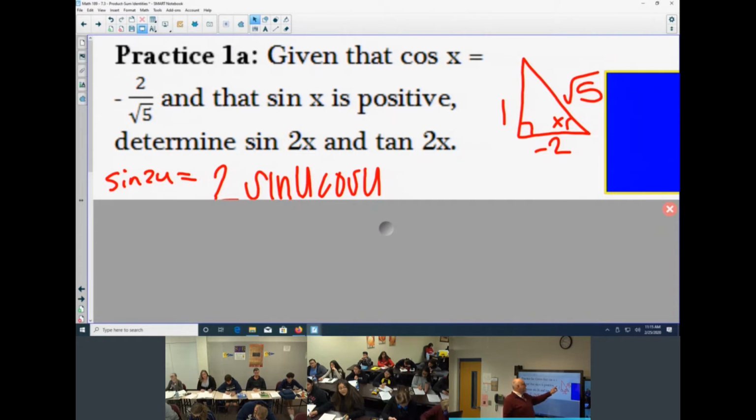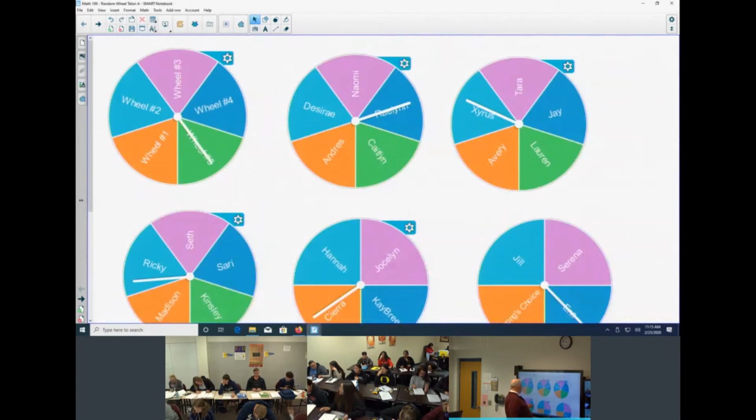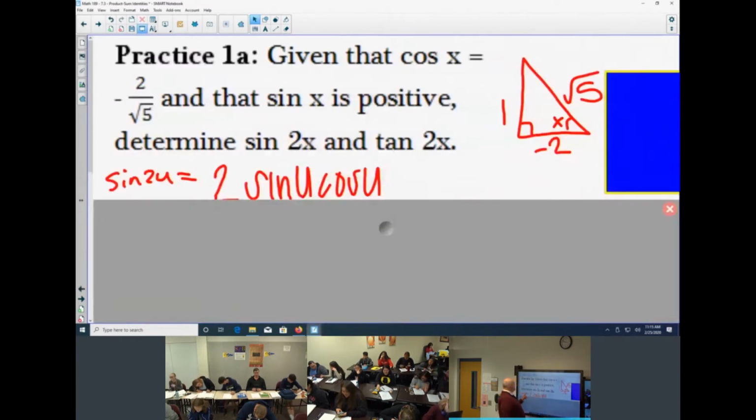The square root of 1 is 1, but you still have the square root of 5. Everybody okay with that? So the sine of x is 1 over radical 5. All right, so Andres, what is the sine of 2x then?